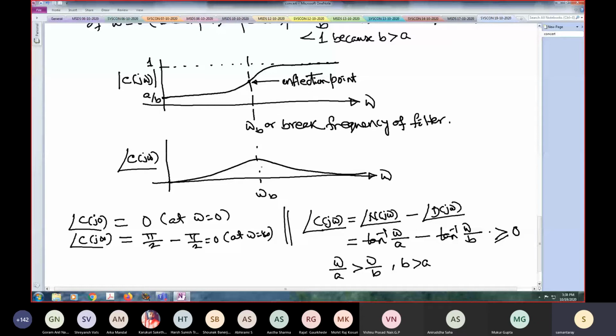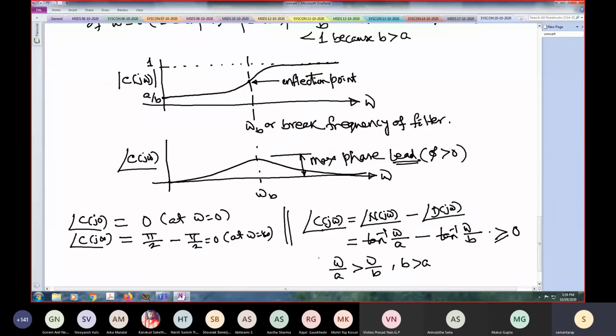This one here is maximum phase lead. Lead because phi is greater than 0. If this goes downwards, then it is called lag. So positive phase is phase lead, negative phase is lag.